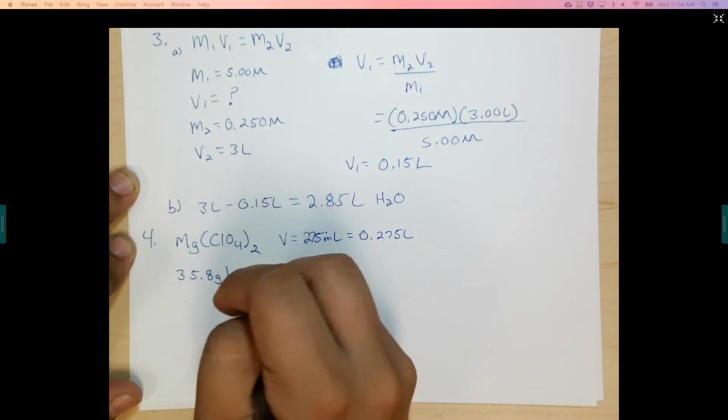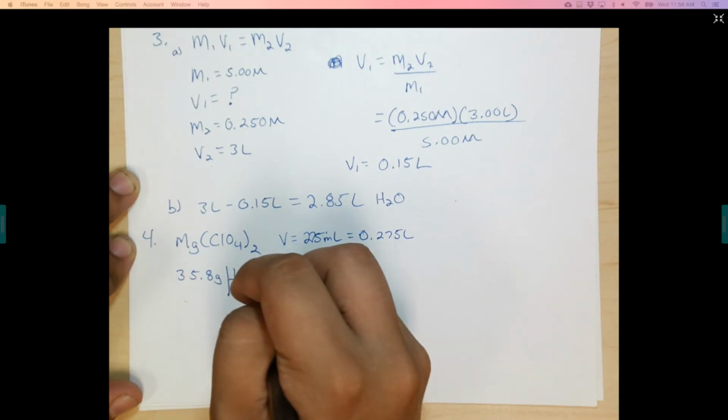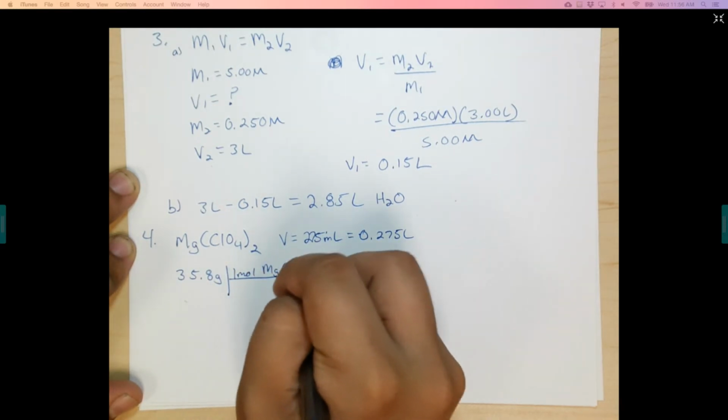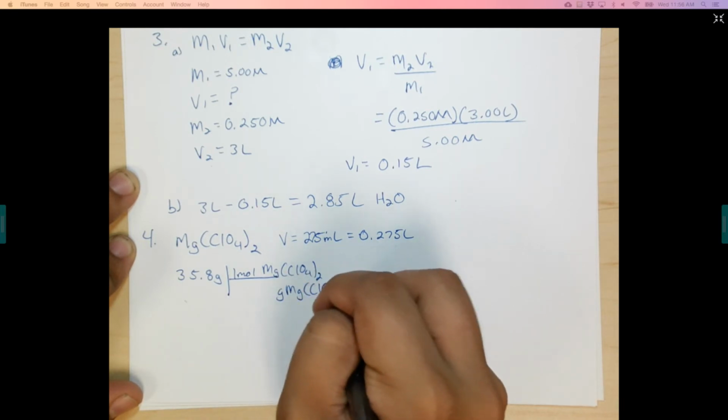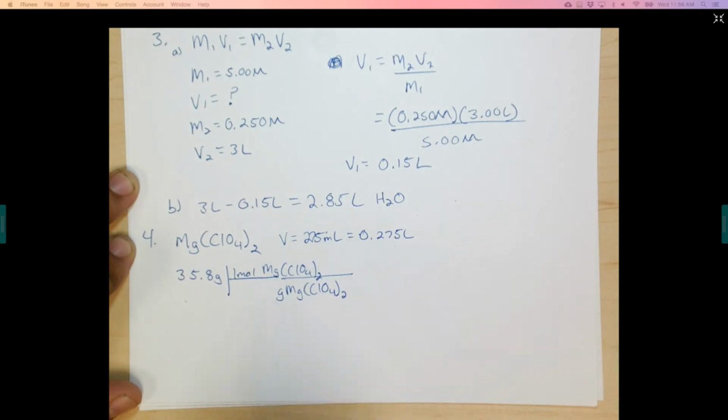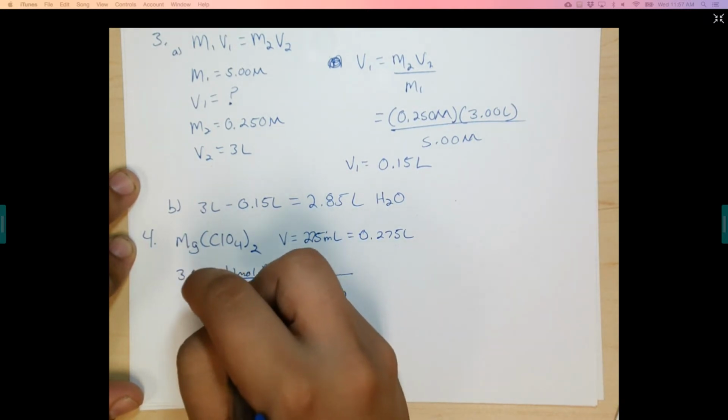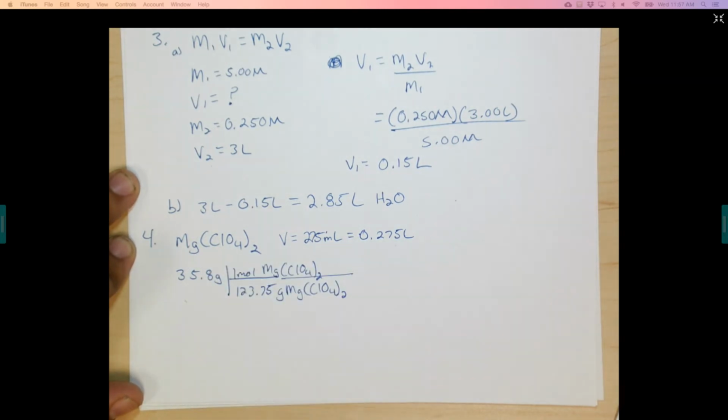So for every 1 mole of magnesium perchlorate we have so many grams, and we calculate the molar mass using our periodic table: 24.3 plus 35.45 plus 16 times 4.